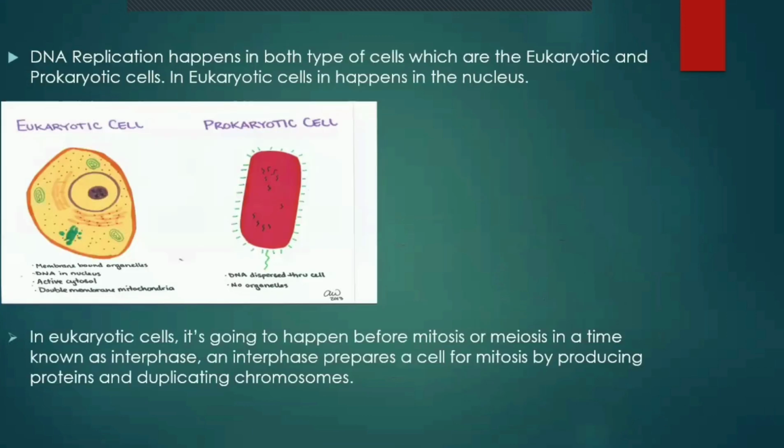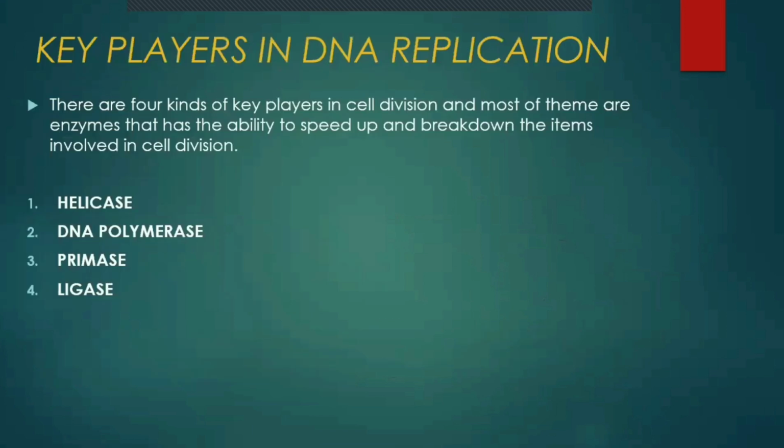DNA replication happens in both types of cells, the eukaryotic and prokaryotic cells. In eukaryotic cells, it happens in the nucleus, before mitosis or meiosis, in the time known as interphase. Interphase prepares a cell for mitosis by producing proteins and duplicating chromosomes, the key players in DNA replication.